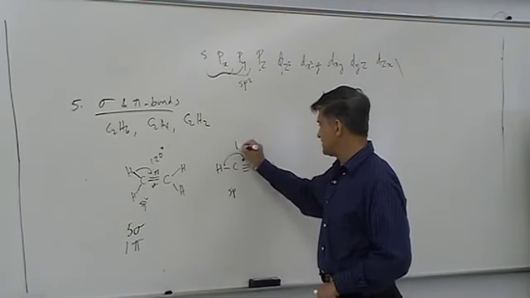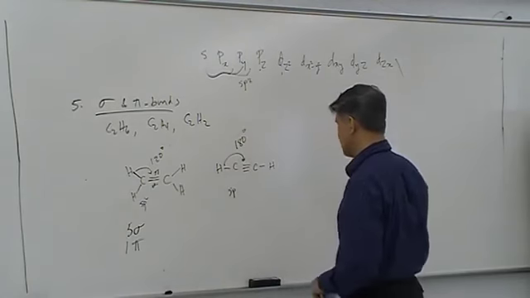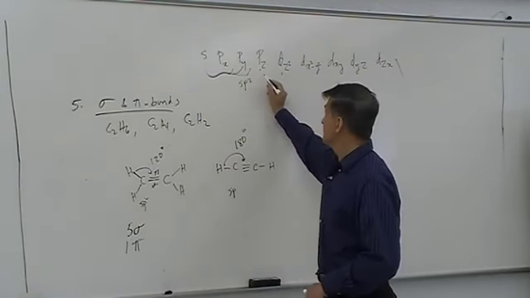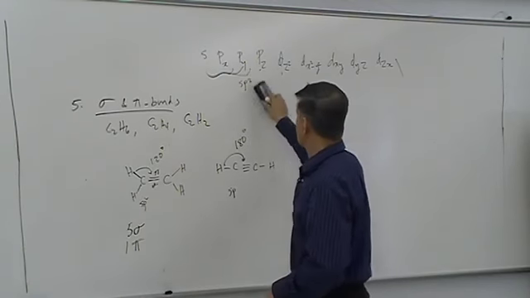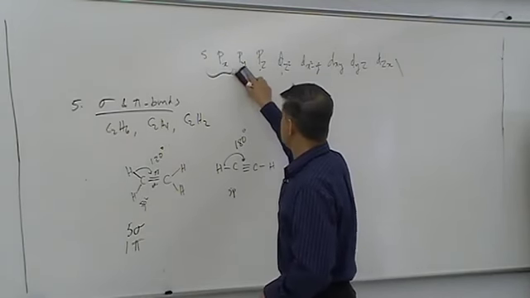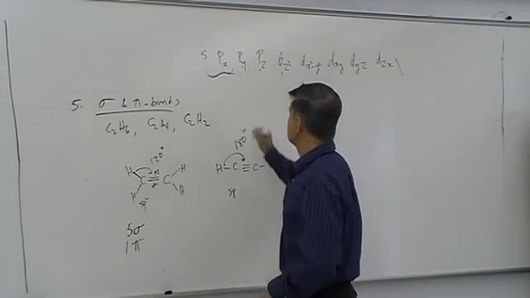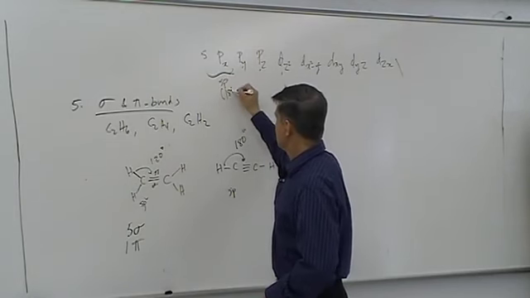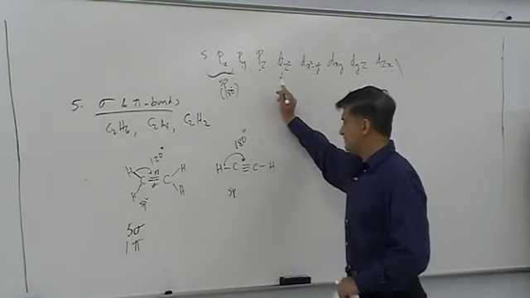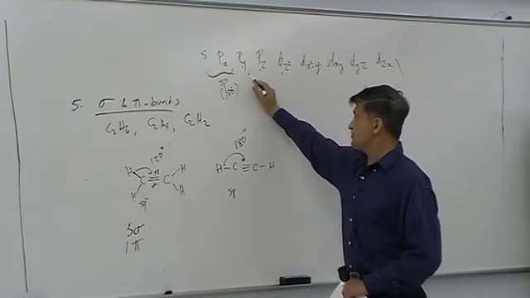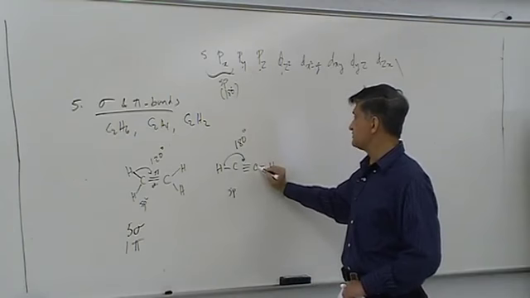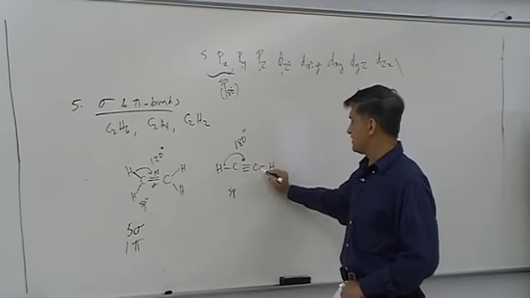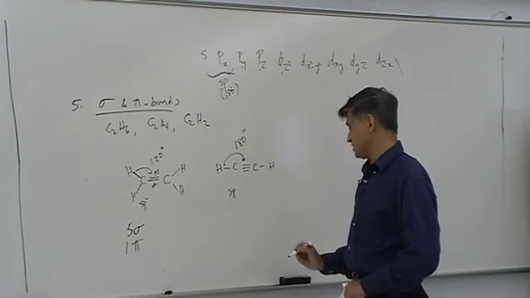The angle is 180 degrees. sp goes with 180 degrees. And py and pz would be available for pi bond formation. So py of one carbon overlaps with py of the other carbon, and pz of one carbon overlaps with pz of the other carbon, giving those 2 pi bonds.